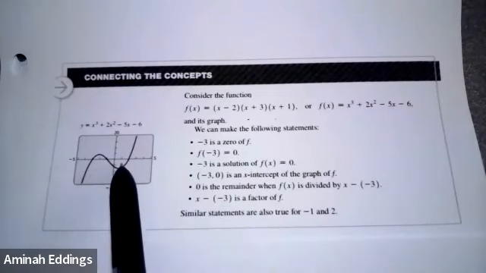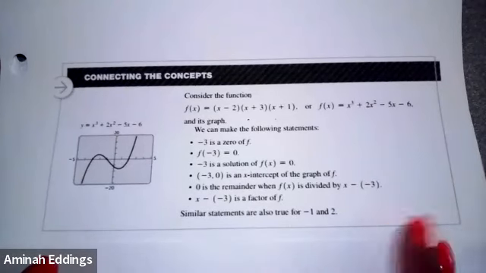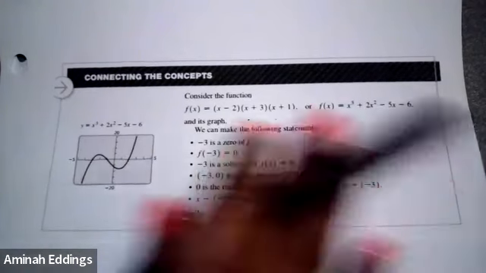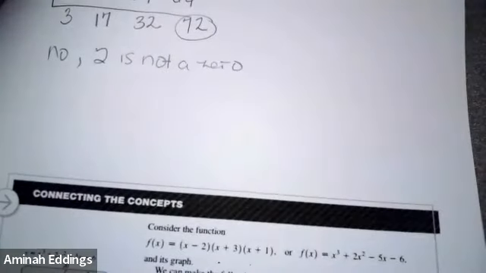We've already talked about -3, 0 being the x-intercept. And so that is the connection that I want to make sure that you understand. Any questions? No? Okay. All right.